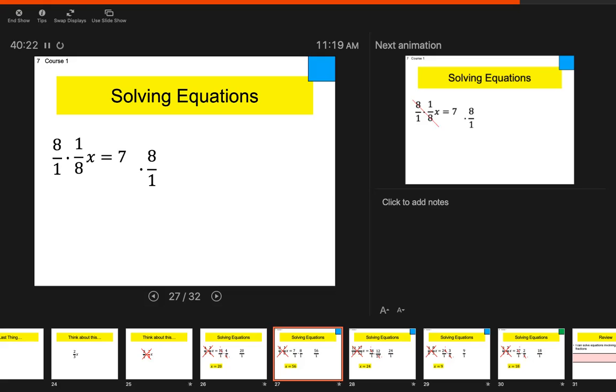Danny, on the left side, what happens? What's 8 divided by 8? Everything cancels on the left side, and you're just left with x. On the right side, Laura, what do we got to do with 7?